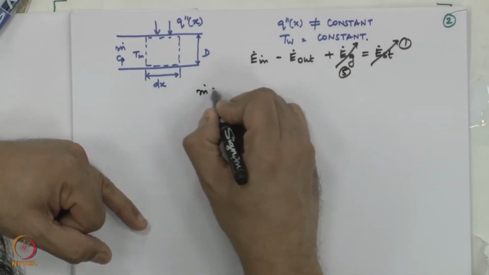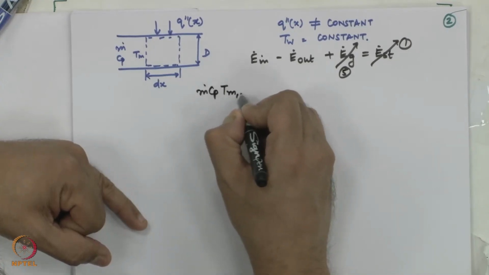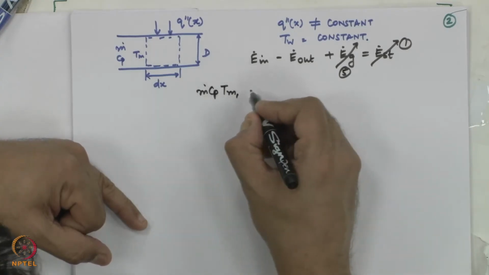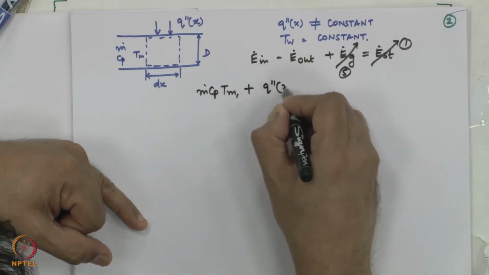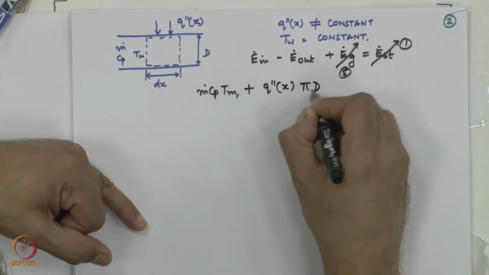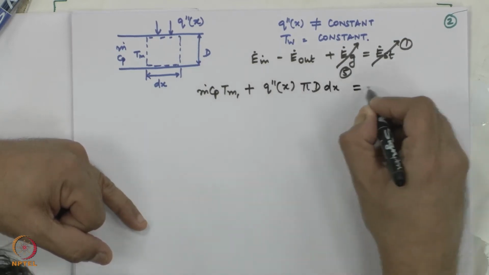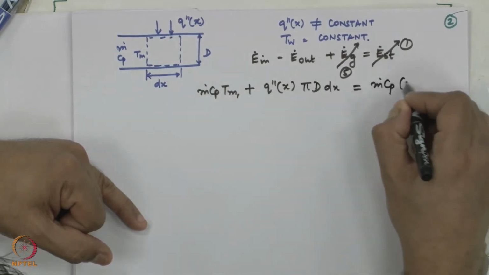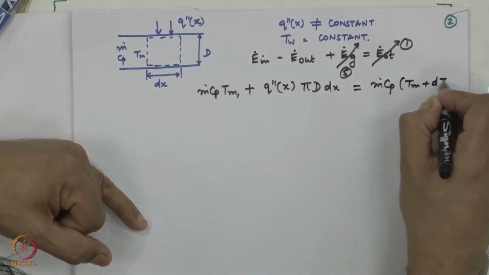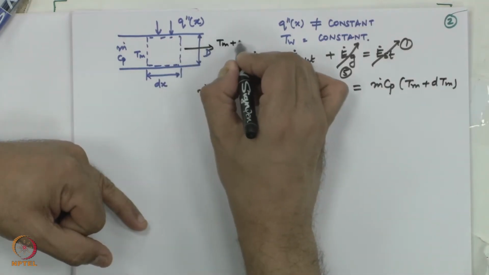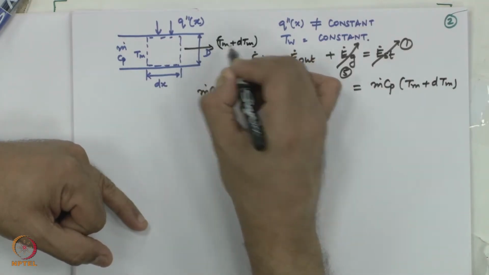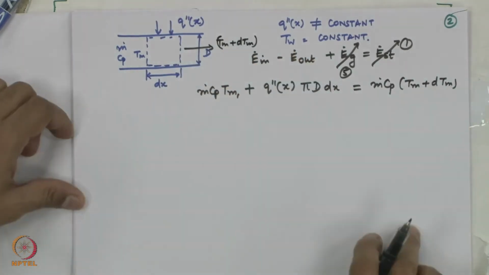I can write m dot Cp T bulk mean at any location plus q double prime local pi d dx is equal to m dot Cp, Tm plus dTm. What is coming out is Tm plus dTm, same mass flow rate m dot, same thermophysical property Cp.